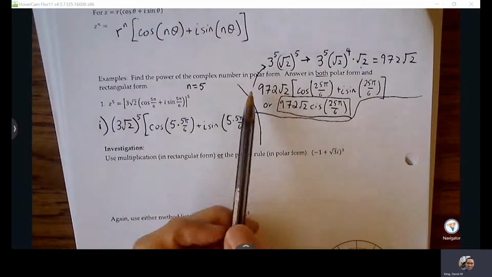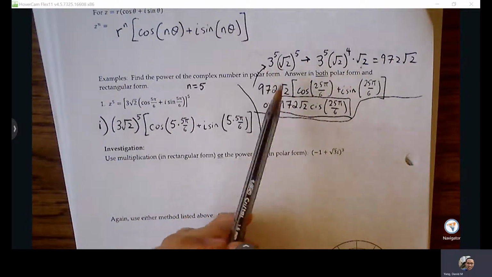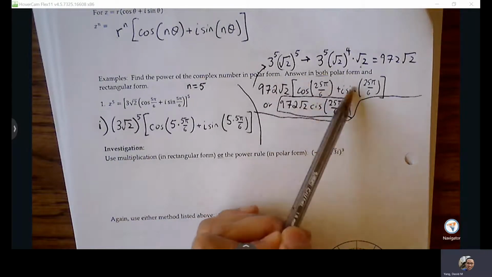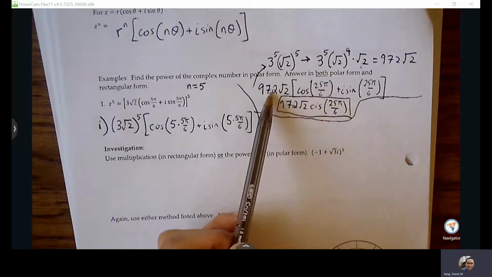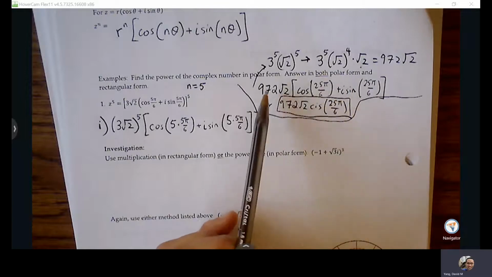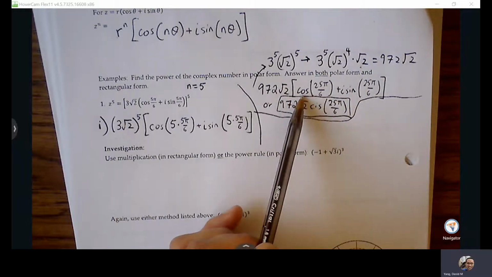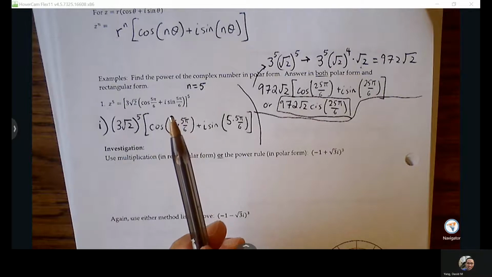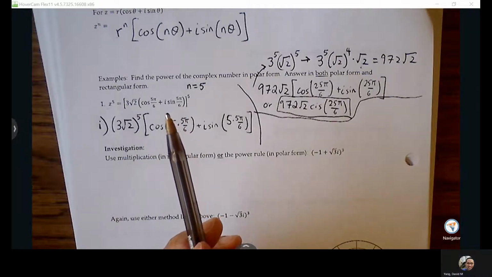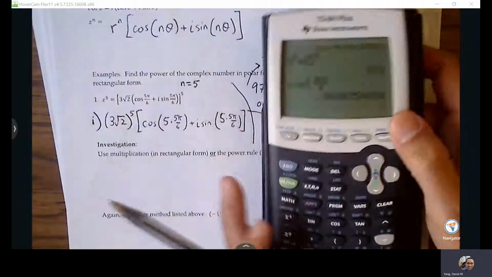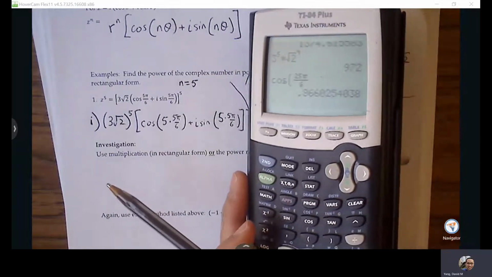So rectangular form is just r cosine theta, r sine theta. Another way that I didn't talk about yesterday is just to think in terms of distributing this through, right? Whatever this value is, multiply it with this, whatever this value is, multiply it with this, and attach the i there. So we can now plug in the calculator, cosine of 25 pi over 6. Make sure you're in radian mode. Okay, if you're using your graphing calculator, 0.866 is equivalent to root 3 over 2.